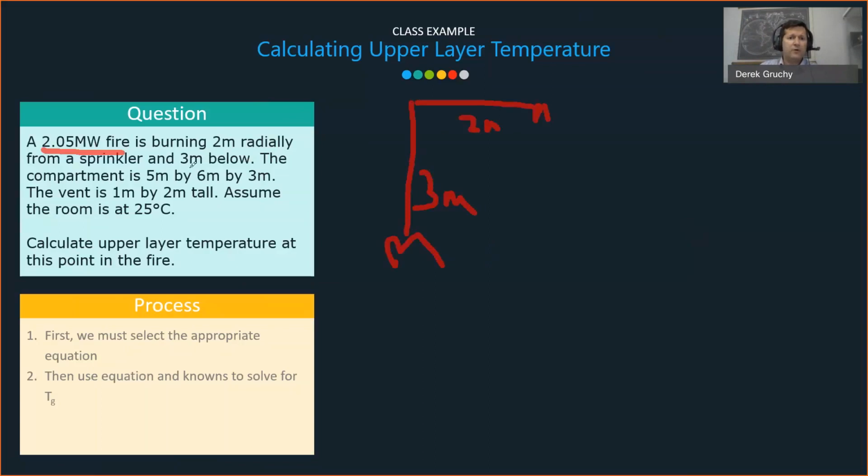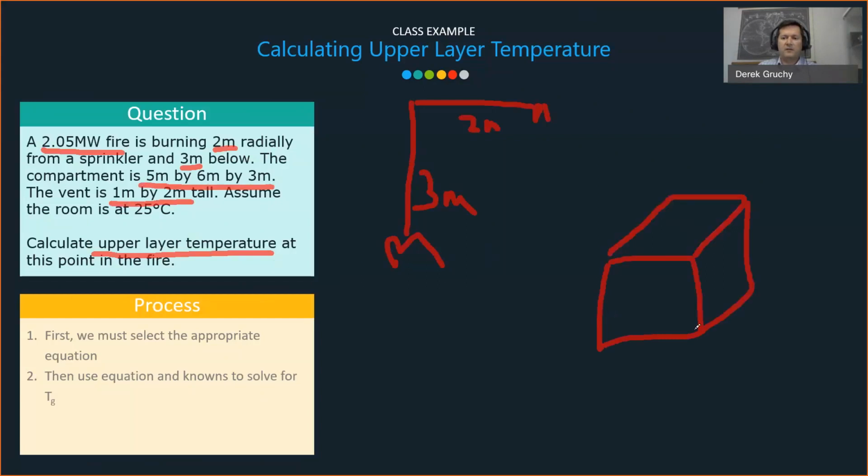And we want to know, based on that information, what is the upper layer temperature going to be at this point for the fire. All right, we're also given the dimensions of the room, so we know that it's 5 by 6 by 3, and then it also has a vent that's 1 by 2. Okay, so we've got the compartment, and it's got one little door.